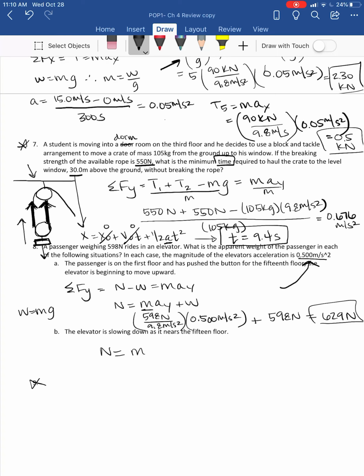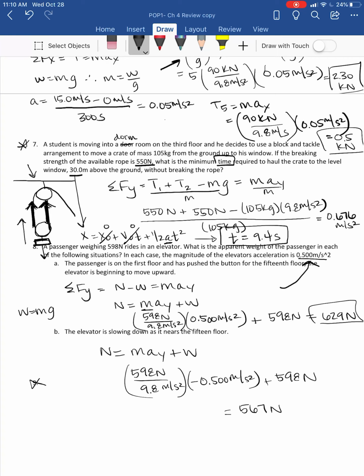You still have this mass times acceleration plus the weight. The only thing that's different is that instead of it being positive 0.5, you end up with negative 0.5 meters per second squared. Still have to add the weight, and you should get 567.